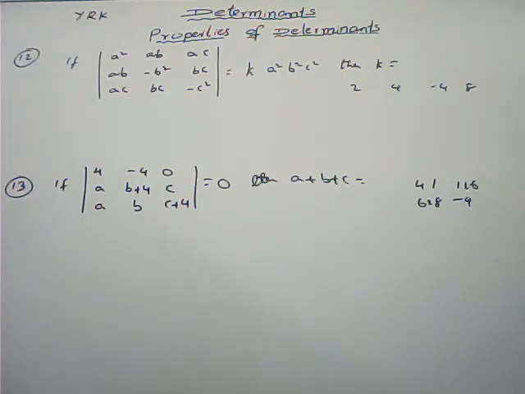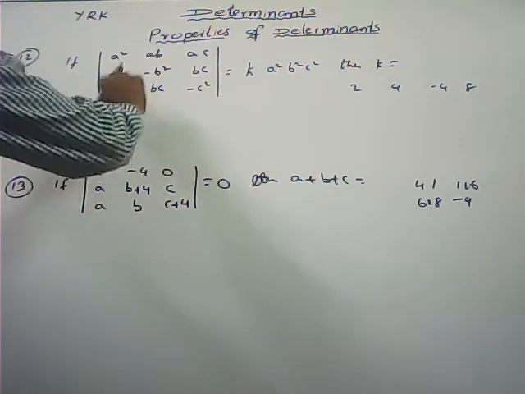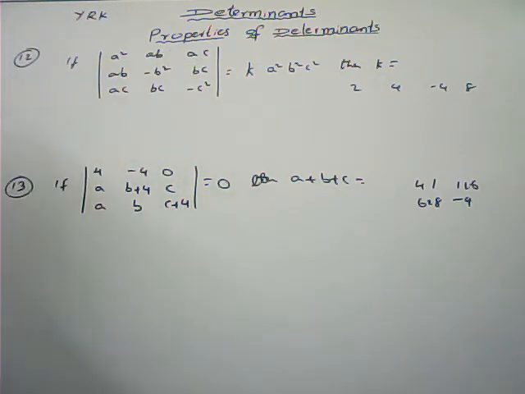Next, see this type of problems. By assigning some values for A, B, C, we can get the solutions. Sometimes the options also will be given as A square, B square, C square, or A, B, C, like that.